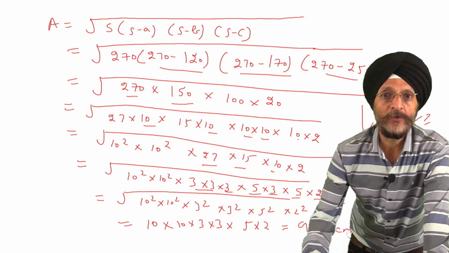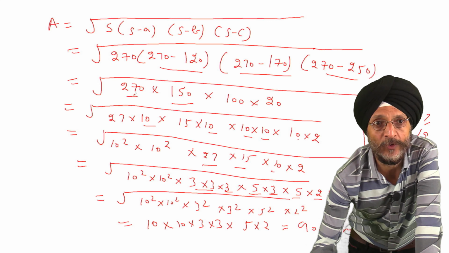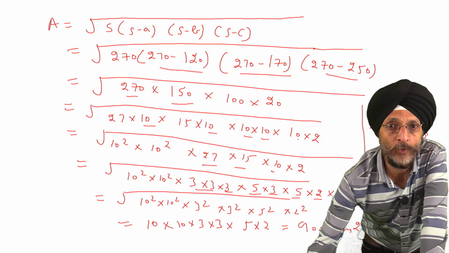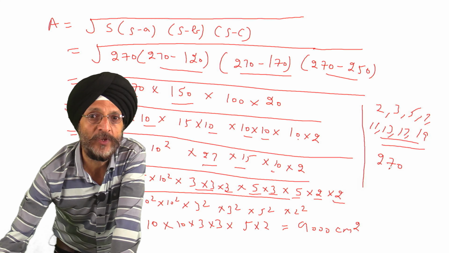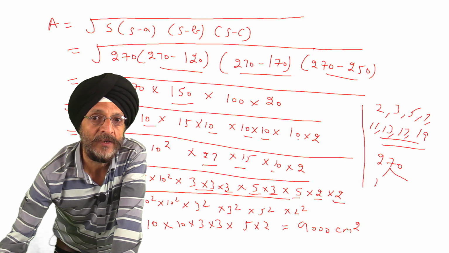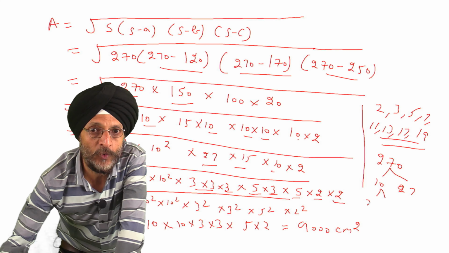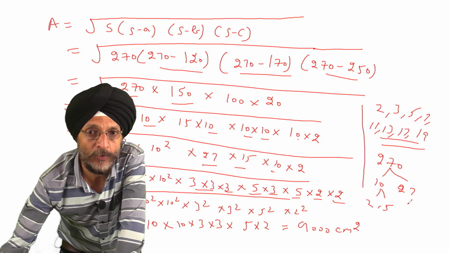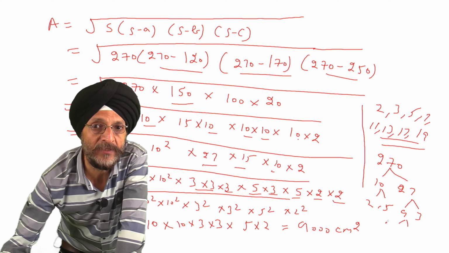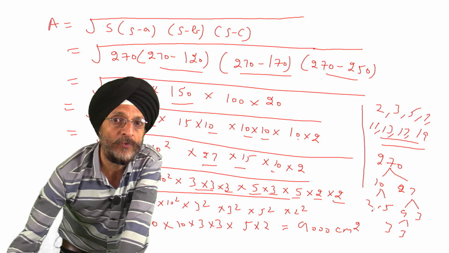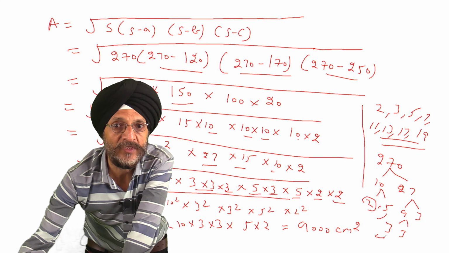We can also tell you that we can do prime factorization from this side only. How will we do it? Just for the purpose of clarification, we can write it as 10 into 27. We can again write 2 into 5. 27 can be divided into 9 into 3. This can be 3 into 3. Now we will multiply all these items: 2, 5, 3, 3, 3.